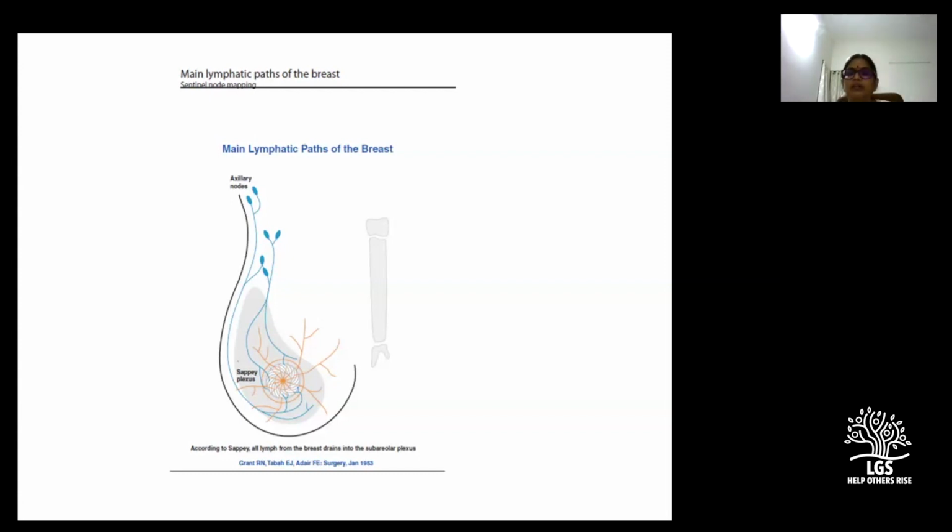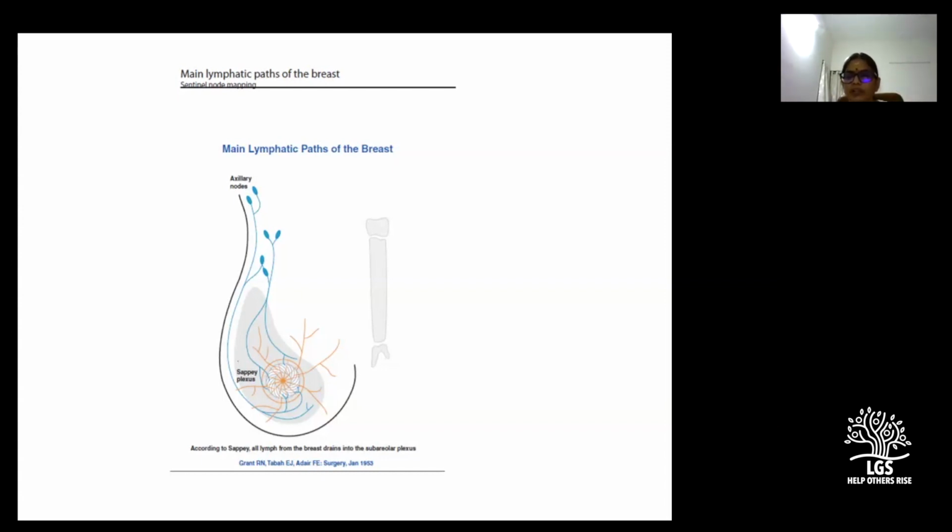So this is what we all did when we trained, because when we started doing breast surgery, it was all axillary clearance, and that was what we practiced in the 90s and early 2000, and then somewhere around 2004-5, England adopted it as a standard of care by validating.